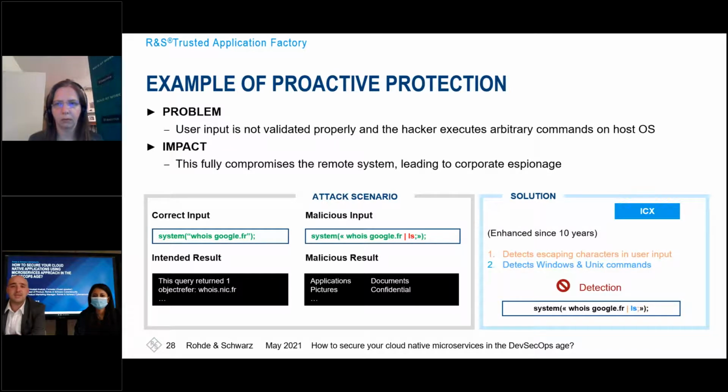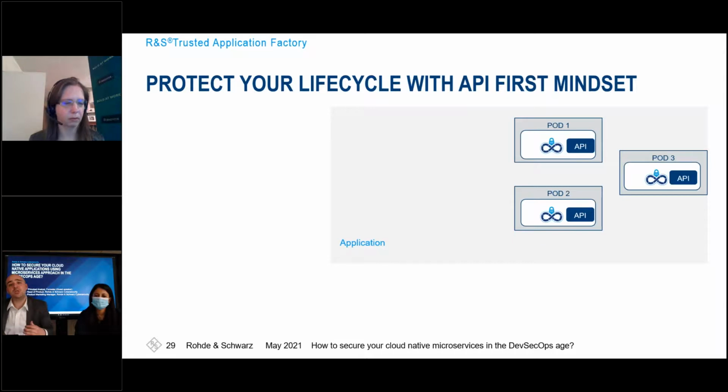So we will detect both the escaping characters and that ls is a Unix command, and by correlating these two pieces of information, we will be able to say, okay, we will proactively block this vulnerability exploitation. It was just one example, but to give you an idea, with the generic security engines you are protected from the OWASP Top 10 attacks.